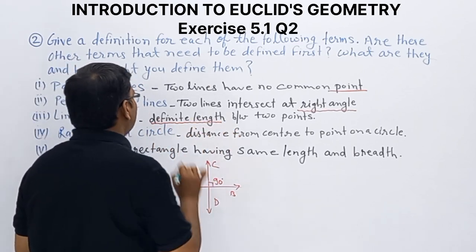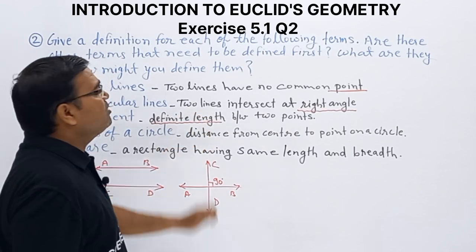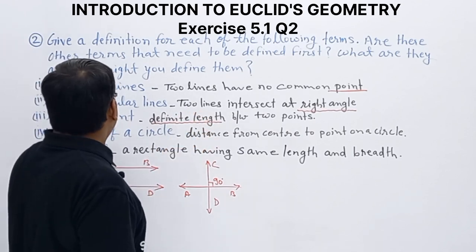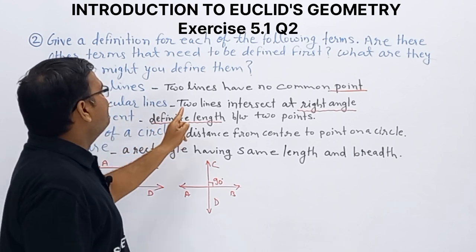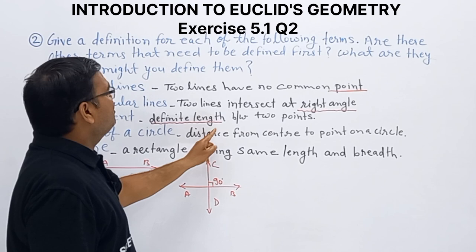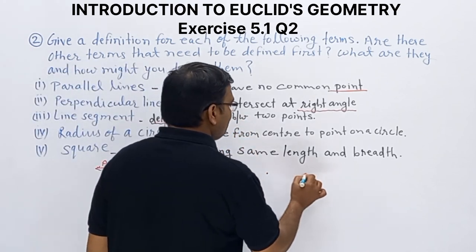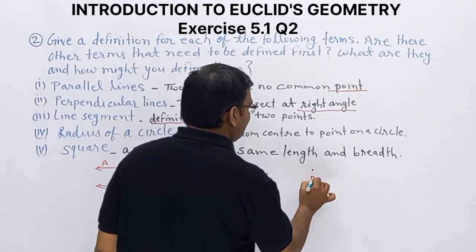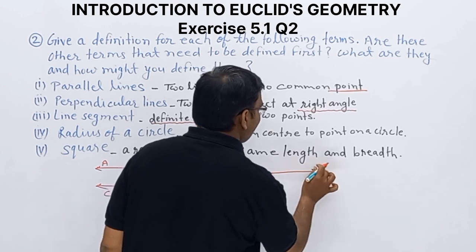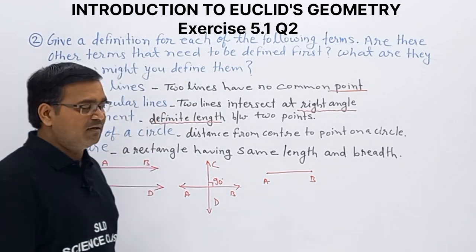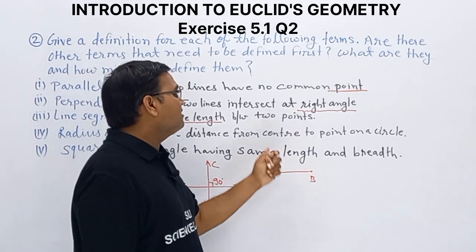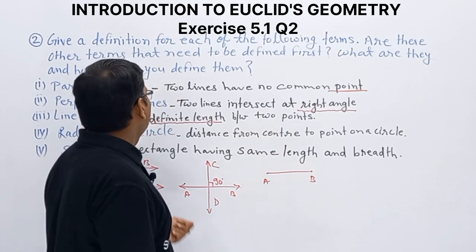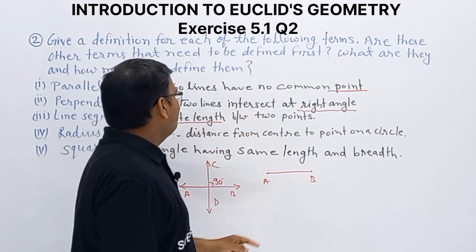This term is important, and this definite length term is undefined. I have 2 points A and B, and between them we have a definite length, then we can say this one is a line segment. Clear?